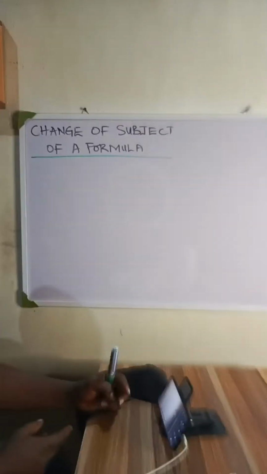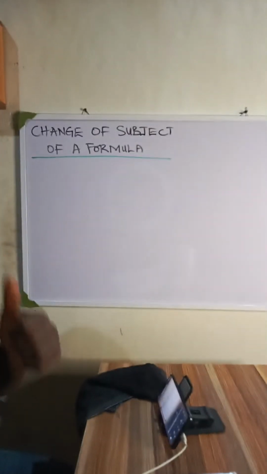Okay, so in our previous class on Wednesday, we looked at the topic change of subject of a formula, and we looked at what a formula is, what the subject of a formula is, and what it means to change the subject of a formula. We also looked at some examples of how to change subjects of formula.